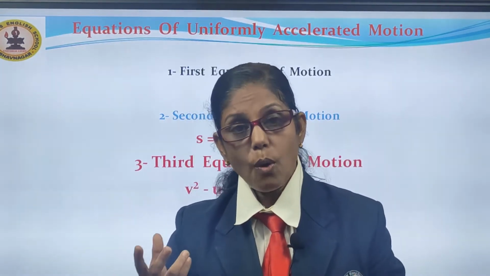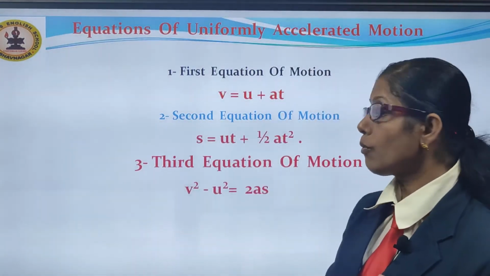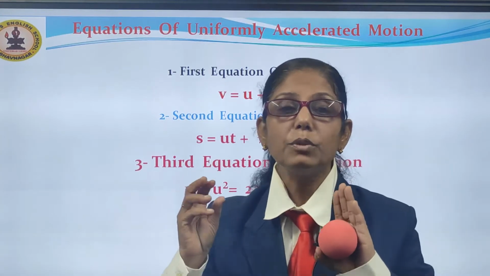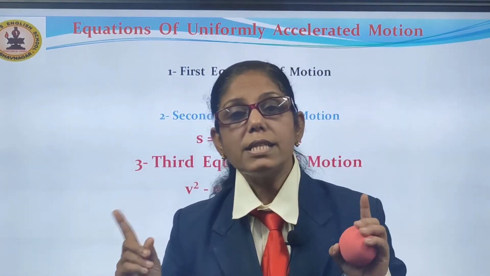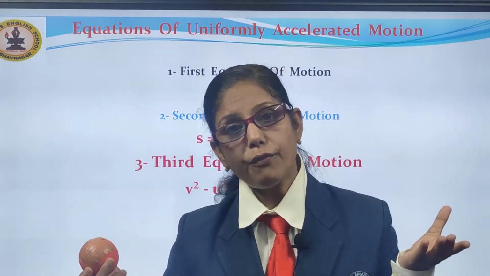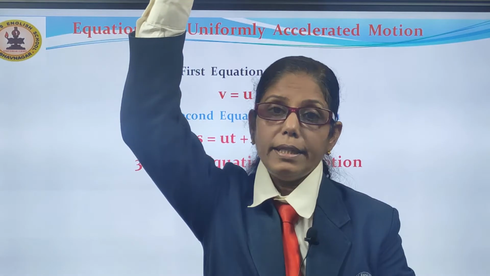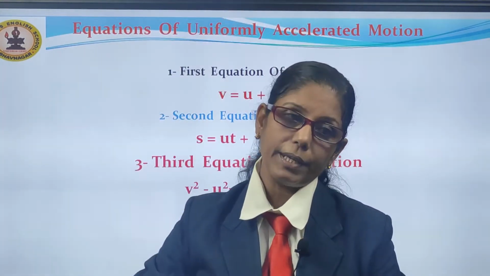Understood? So, we are going to see equations of motion one by one, and we are going to see how we are able to derive these equations. In order to derive these equations, first of all, what we have to do? We have to consider the uniformly accelerated motion of a body.